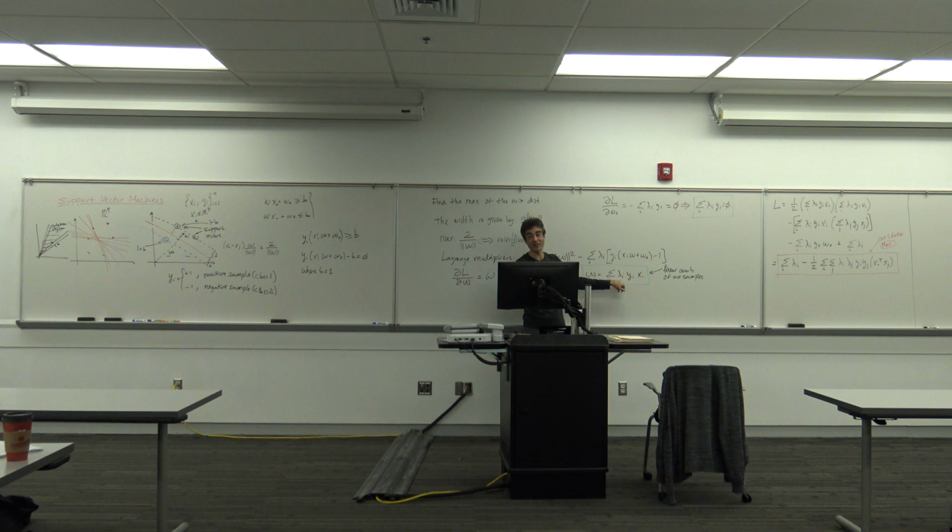Lambda i's for the non-support vectors are going to be what? Who said that? Raise your hand. You said that? Okay. And can you get the second part? Where is lambda i going to be for the support vectors?